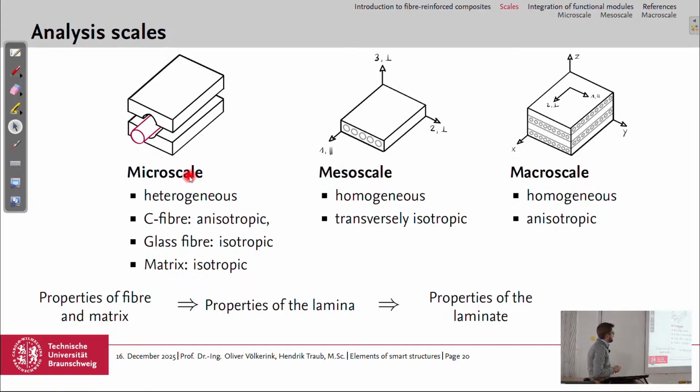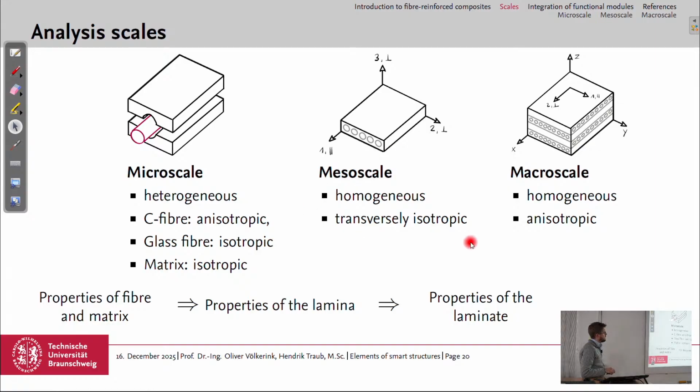If you look at the microscale, we have a heterogeneous material. For example, carbon fibers are anisotropic, glass fibers are isotropic, and with an isotropic matrix, we need the properties of fiber and matrix to describe this. If we want to go to the mesoscale, then we have a homogeneous material. So we don't look at the fiber and the matrix, but at the single ply overall.